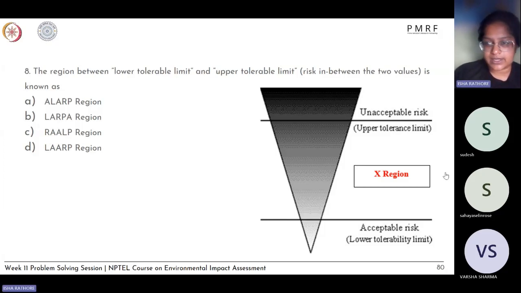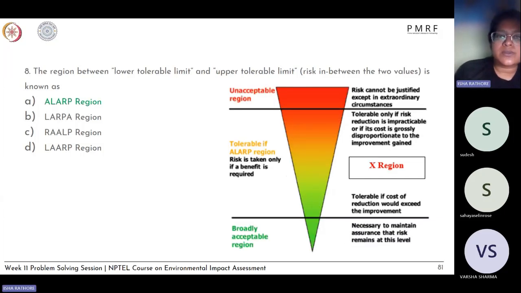Okay, we have one answer A. Okay, so the correct answer is A, that is ALAP region.